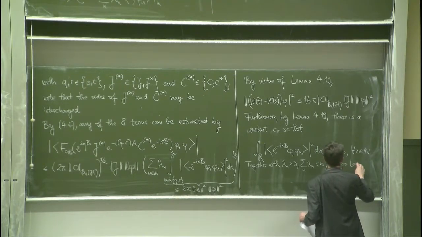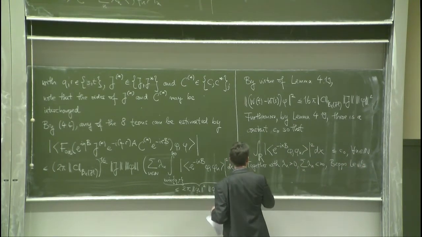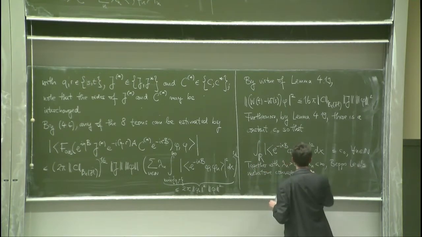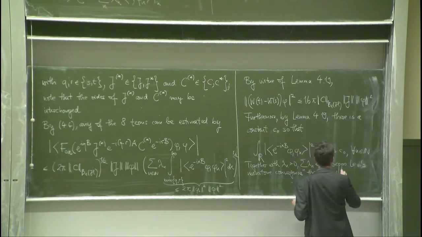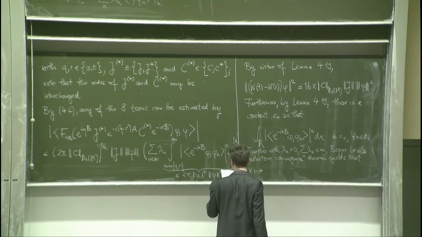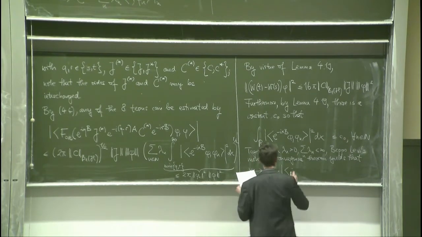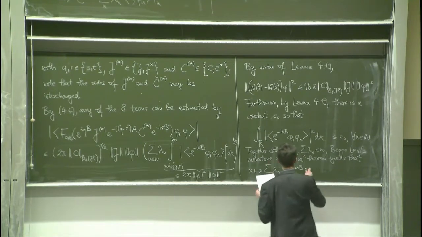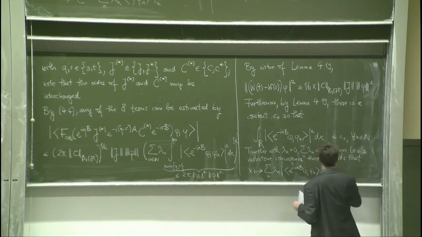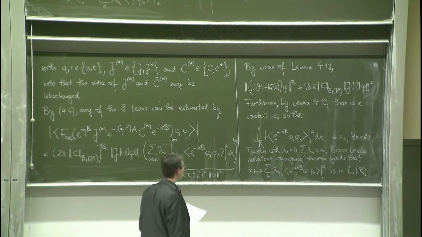So Beppo-Levi's monotone convergence theorem yields that the function that sends x, which is a real variable, to the sum over n of lambda n, absolute value of exponential minus I xb phi times phi n to the power of 2 is in L1. So it's integrable. This simply follows from monotone convergence.